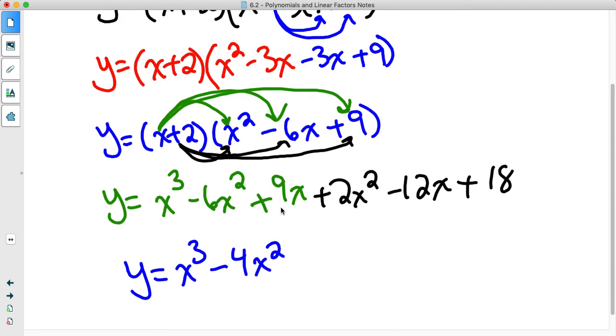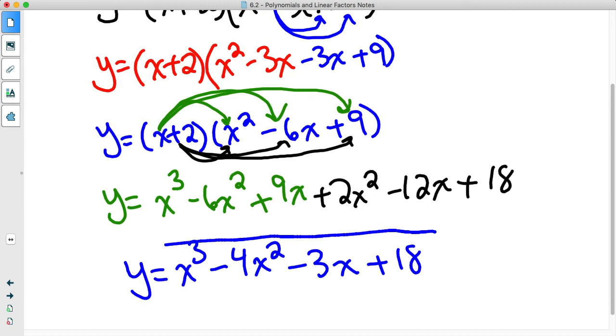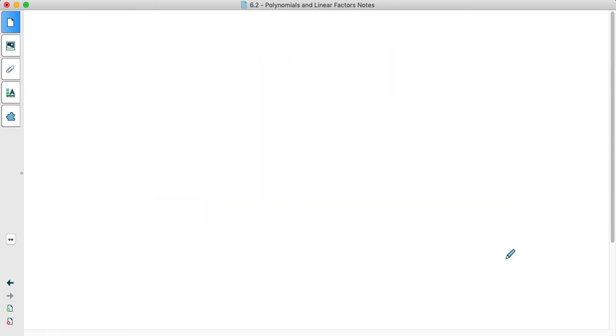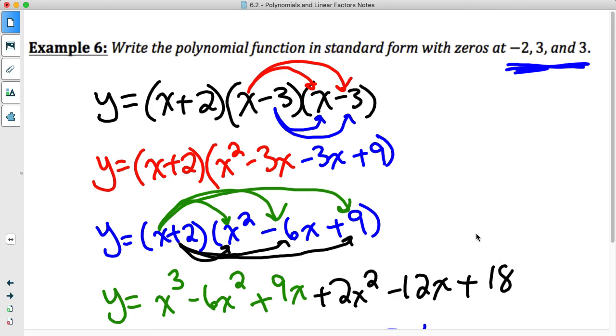We have a 9x minus 12x, that's a negative 3x. And then we have this plus 18 at the end. There you go, final answer. And that was the last example there.